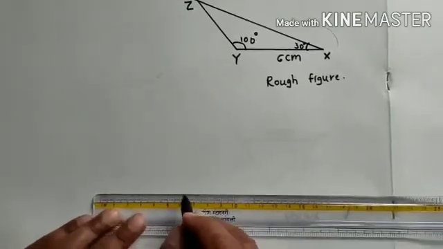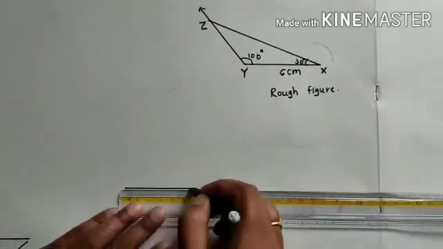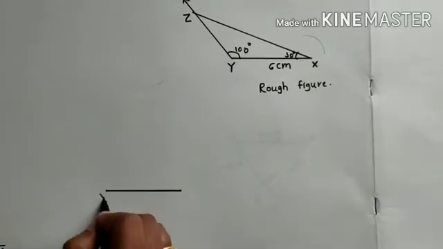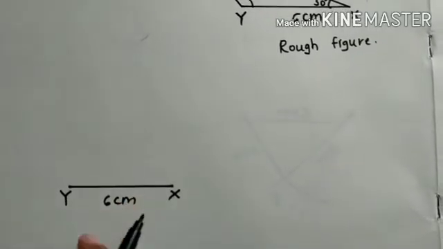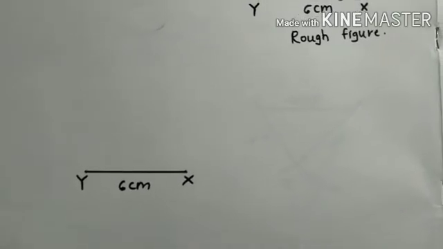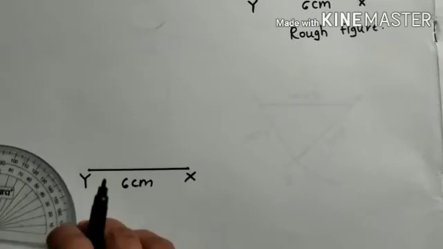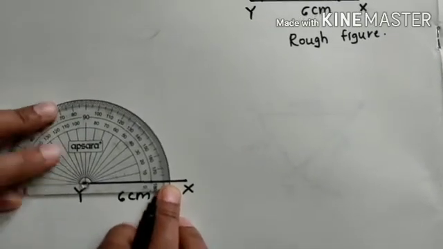Now take YX as the base of 6 cm. Draw ray YR such that measure angle XYR equal to 100 degrees.